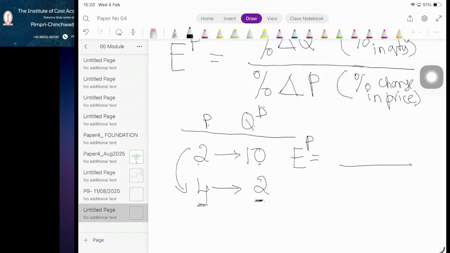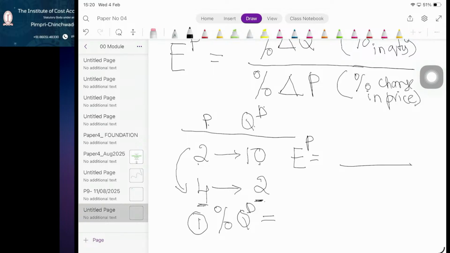I want you to do the solution in the following way. First, slow down, calculate percentage change in quantity demanded. How much is it?